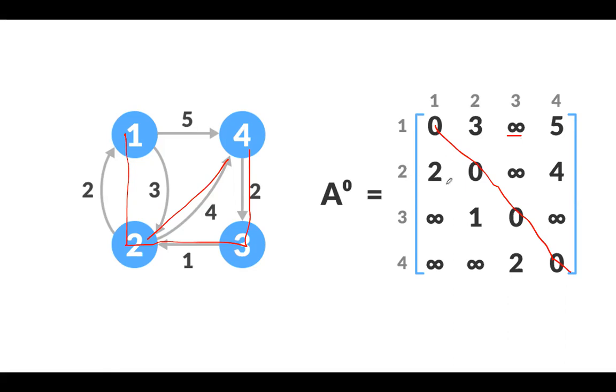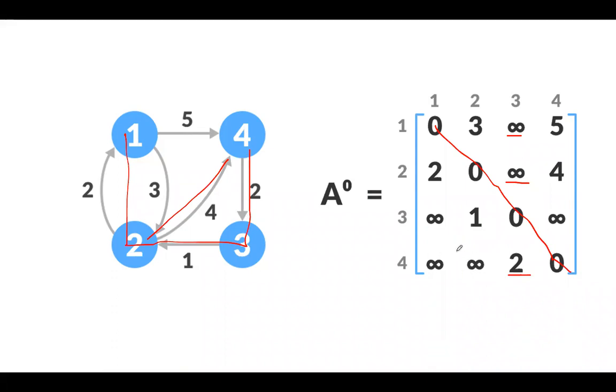From 2 to 1 there is an edge of weight 2, and 2 to 3 is not reachable. From 3 to 1 is not reachable, and 3 to 4 is also not reachable. From 4 you can only go to one node, that is 3. You can see only one arrow mark, the direction to 3. For the other two nodes, there are no links.